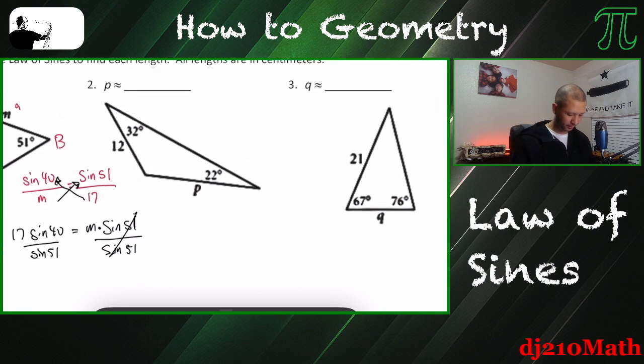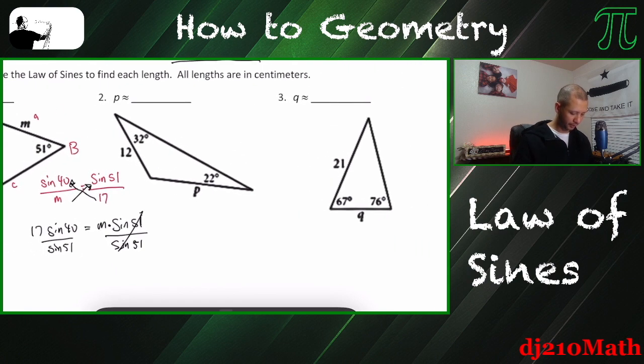Okay. Number 2. We're looking for p. So I want to put sine of the angle over the side across from it, so little p.